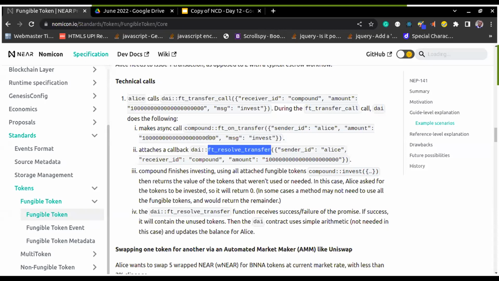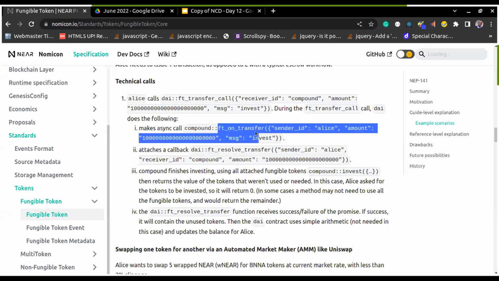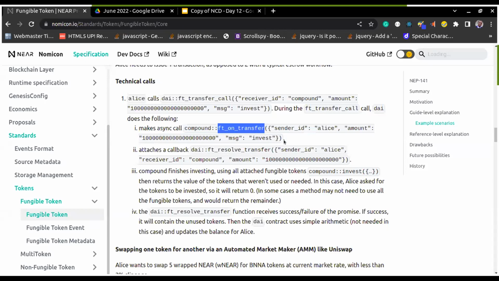Now, given the value returned by FT on transfer, we'll be able to know if we should transfer the tokens. Now that happens within this function, if we should transfer the token or abort the transaction, okay? So the compound finishes investing using all attached fungible tokens given the function.